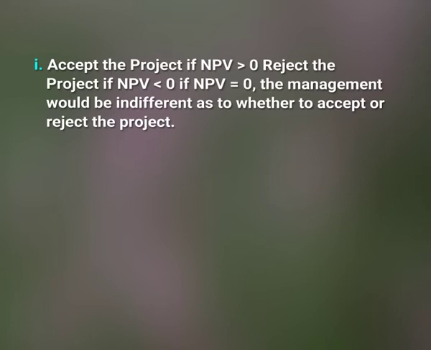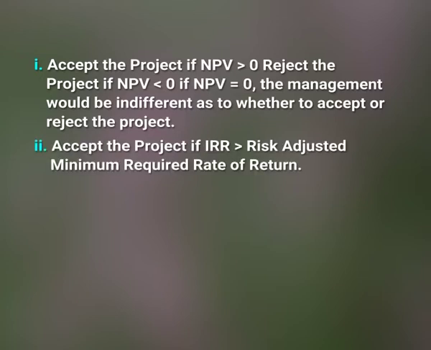The first one: accept the project if NPV is greater than 0. Reject the project if NPV is less than 0. If NPV is equal to 0, the management would be indifferent as to whether to accept or reject the project. Then accept the project if IRR is greater than the risk-adjusted minimum required rate of return.